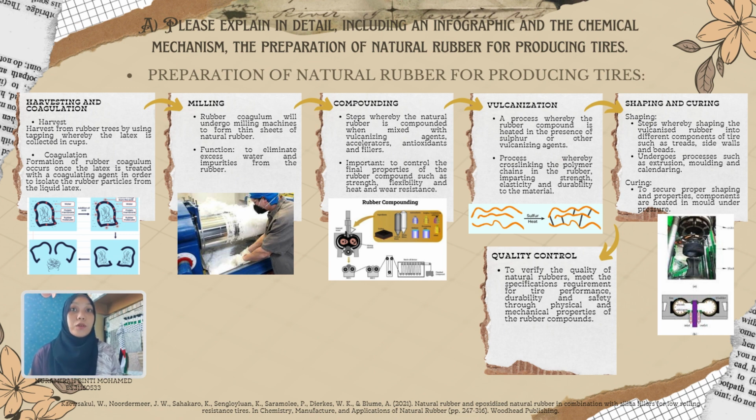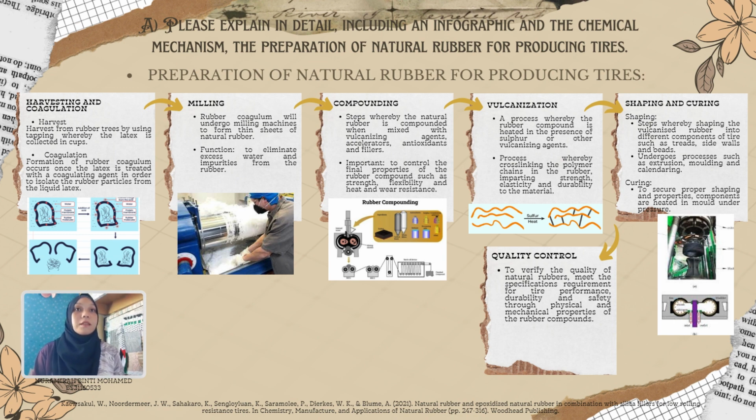This is important to control the final properties of the rubber compound, such as strength, flexibility, heat, and also wear resistance. The vulcanization is a process whereby the rubber compound is heated in the presence of sulfur or other vulcanizing agent. It's a process whereby cross-linking the polymer chains in the rubber, imparting strength, elasticity, and durability to the material.